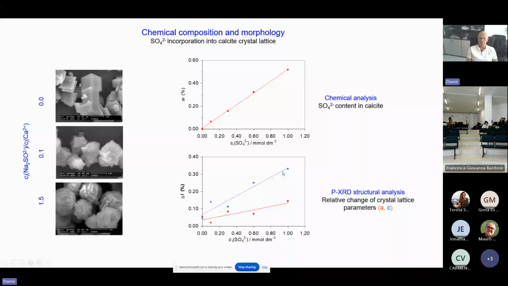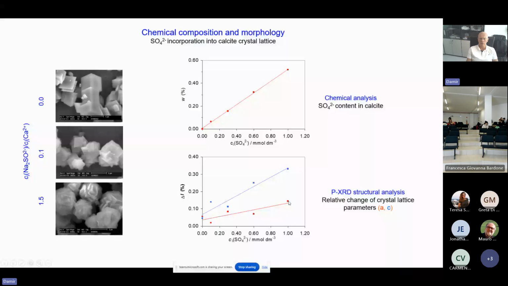We measured the change of the crystal lattice, and we found that the crystal lattice of calcite changes in both directions, in the A axis but also in the C axis. And the change in the direction of the C axis is several times higher than in the A axis.